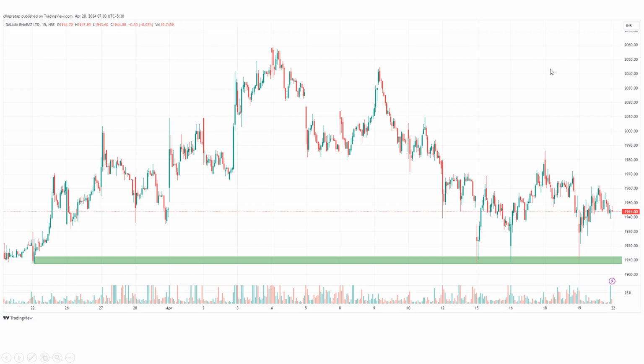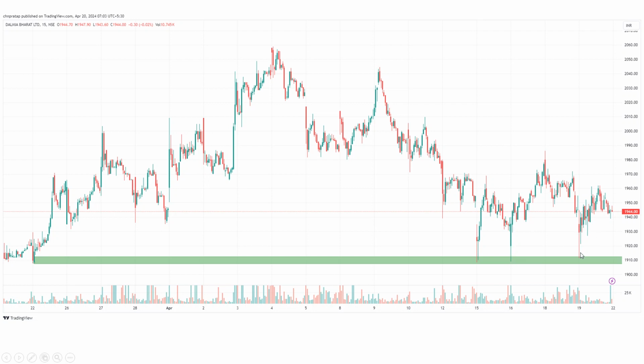Look at this example. This is what moving away from the zone means. See, price reached here, and after that the zone pushed the price up, and ultimately we got a strong rejection. See the next one: again price came down, went into this zone, and then moved away from the zone and moved up.